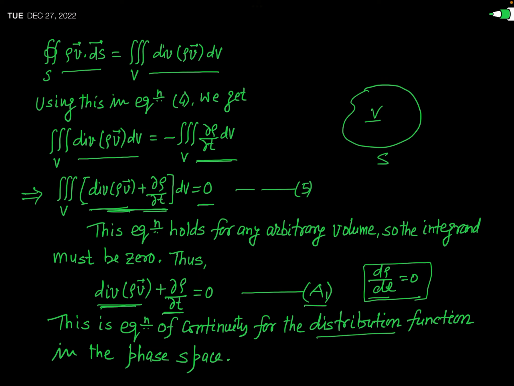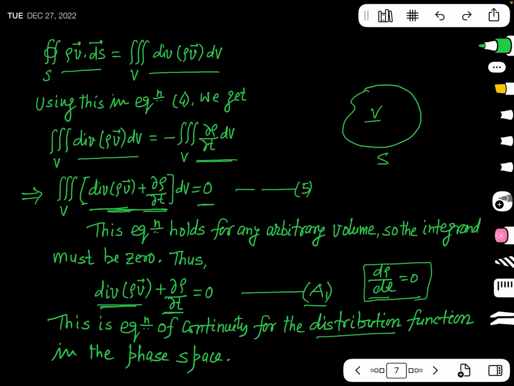But now we extend our result to the phase space. As you have considered that the degrees of freedom of our system is f, you know that the phase space will be of 2f dimension.